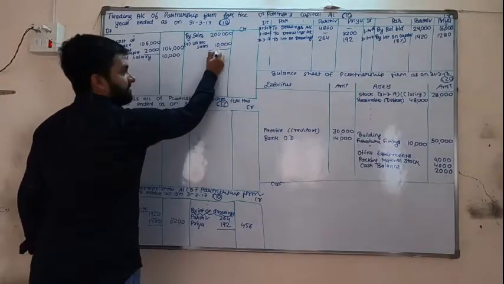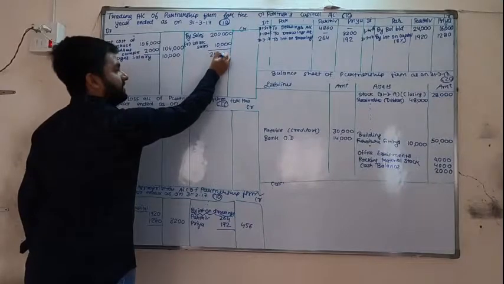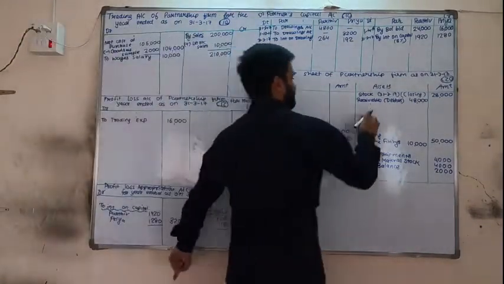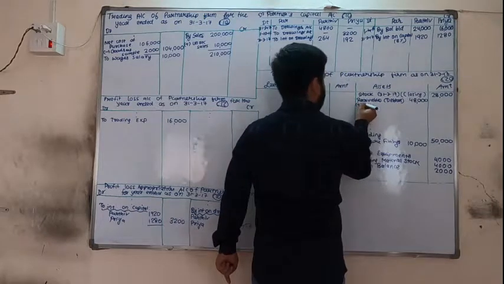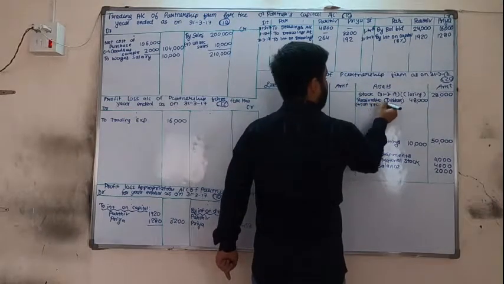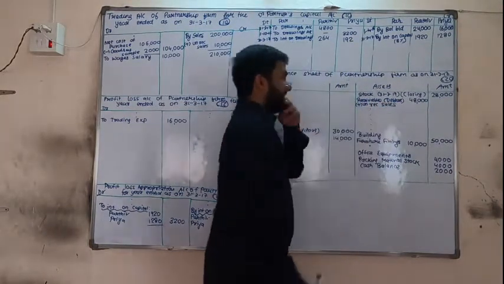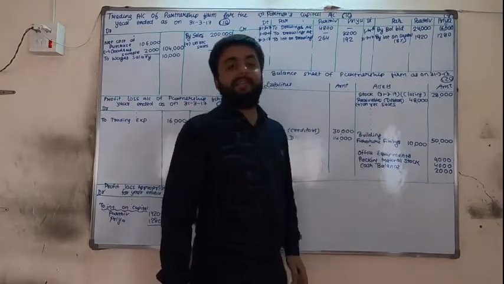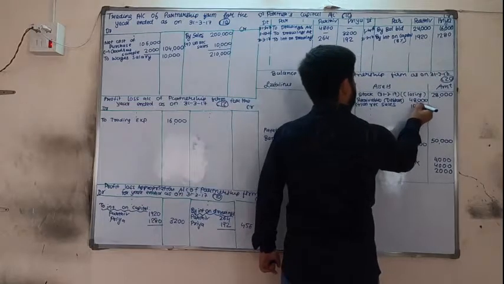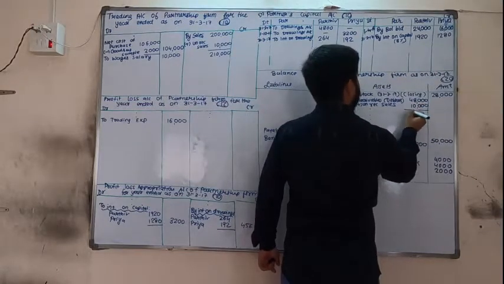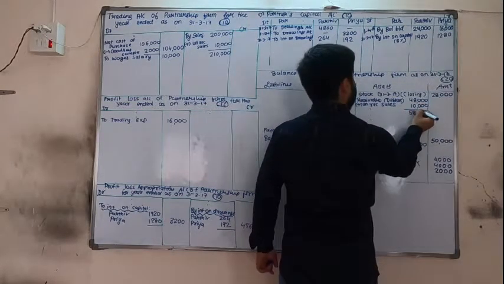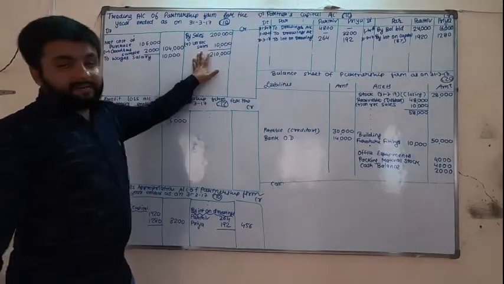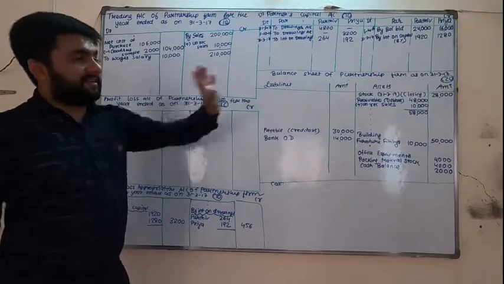We have one more adjustment for sales, so in the inner column itself 2,10,000. Sales plus, debtors plus. In debtors plus unrecorded sales 10,000. So in the inner column itself we will have 58,000. Again listen: unrecorded sales, sales plus, debtors plus.